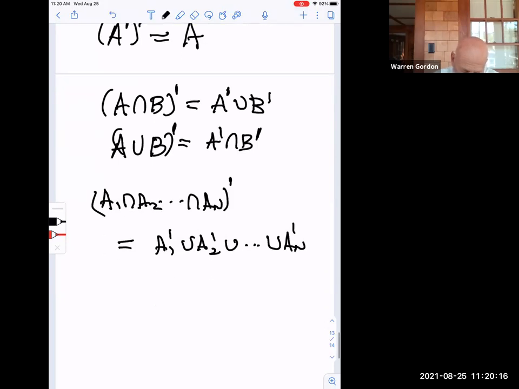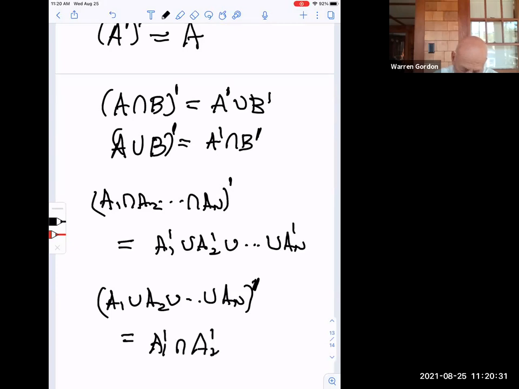And similarly, if we had A1 union A2 union A sub n complemented, we get A1 intersection A2 and so on. These are sometimes useful, these laws of De Morgan.